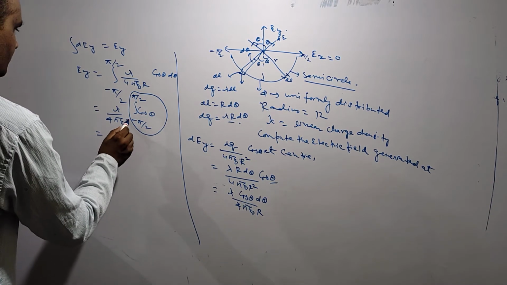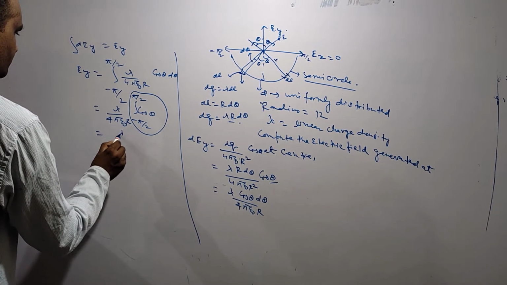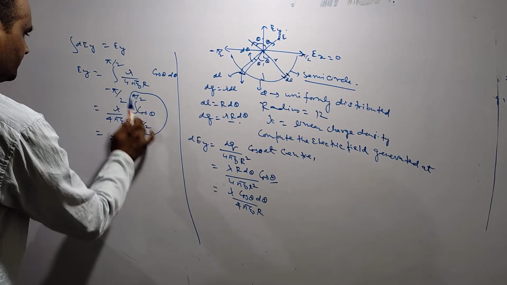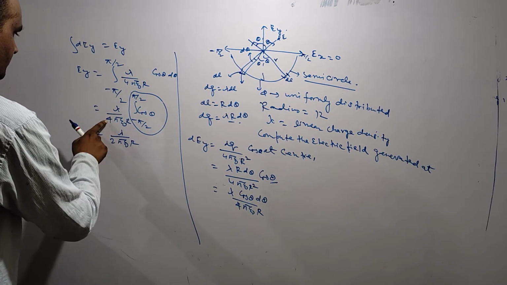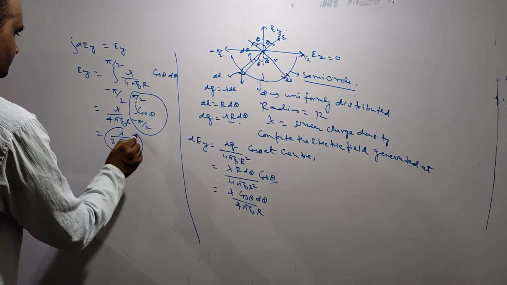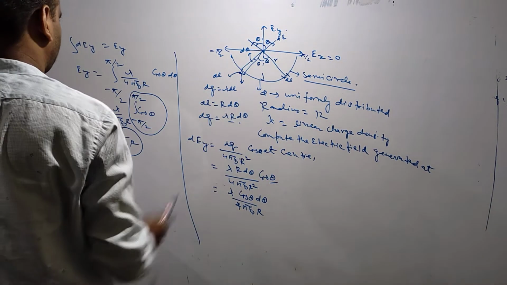Sorry, here r is going to be lambda by 2 pi epsilon naught r, because the 2 will cancel against the 4, 4 by 2. So we are left with this result, and in this direction.